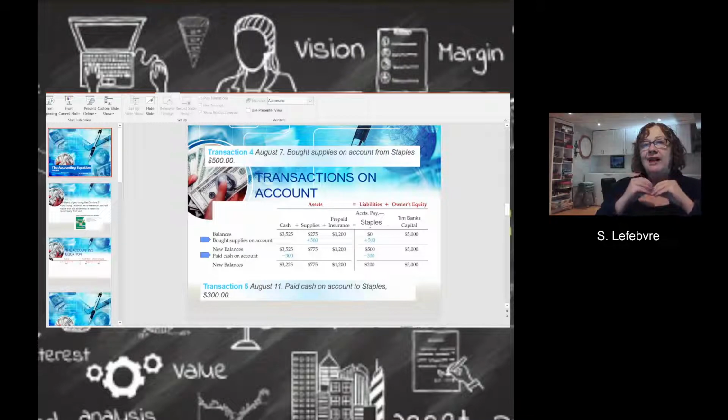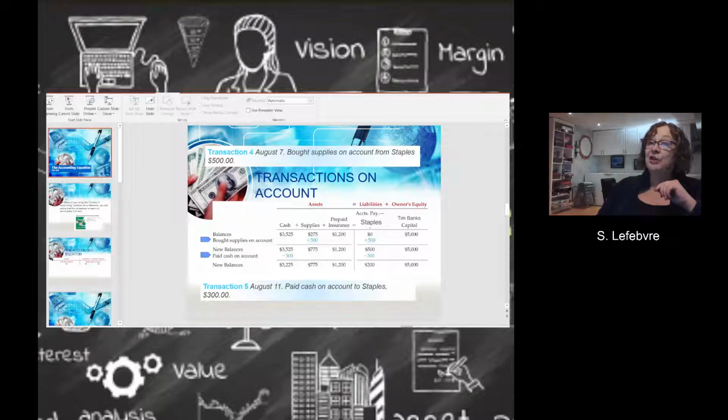They see it as a decrease because they're thinking from the perspective of the cash. But it is the amount we owe that is increasing, so it's an increase. And what we do on the left-hand side, we have to do on the right-hand side as well. So our supplies have increased and our liability to Staples has also increased.